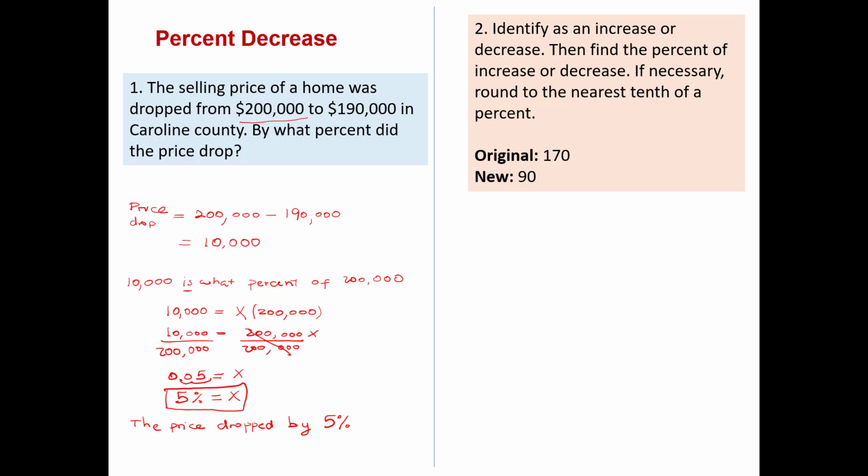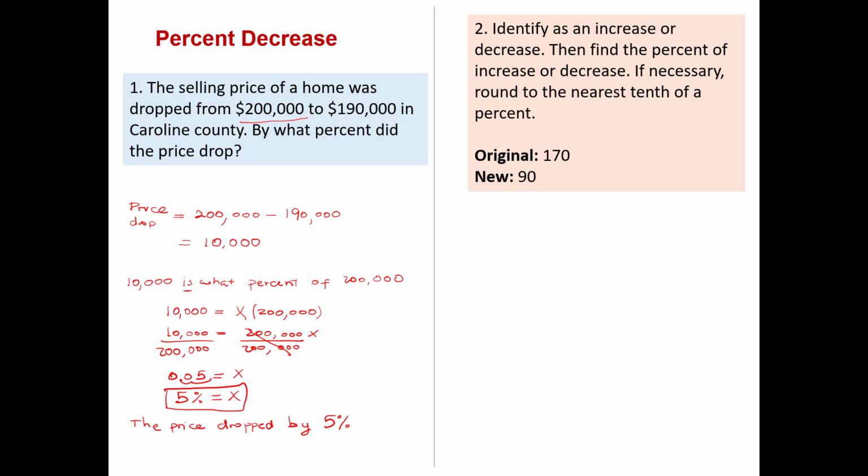Again, if something increases or decreases, the important thing is, if you have to calculate the percent of this decrease or increase, first you have to calculate the amount of increase or decrease. And how will you calculate that? You have to subtract the two numbers. And then you will calculate the percent of that number based on the original number, original population or original price.